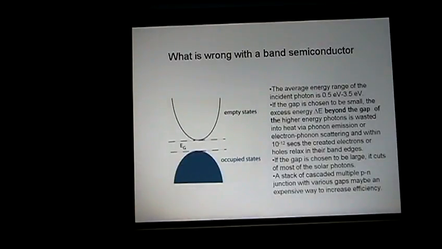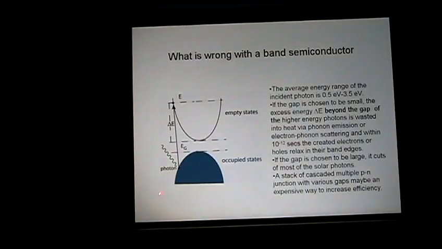If a solar photon comes and hits this material, which has the occupied states and the empty states, and photoexcites an electron-hole pair, because the solar spectrum is very broad, from, let's say, half an electron volt all the way to 3.5 electron volts, no matter what semiconductor gap you choose, if the gap is relatively small, then you sometimes excite electrons or holes with energy significantly above the semiconducting gap.